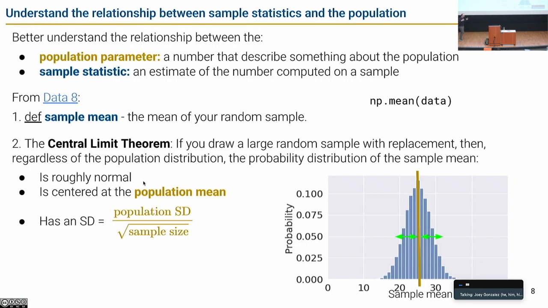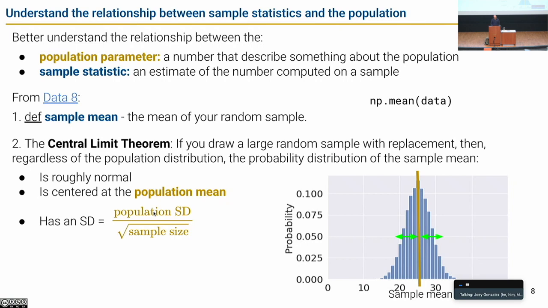The standard deviation of those means will decrease as a function of the square root of the sample size. We'll have this constant, which is the population standard deviation, which we don't typically have access to. But it gives an idea of how quickly we converge with our data. And we used this in Data 8 to think about how we might choose the right sample size.